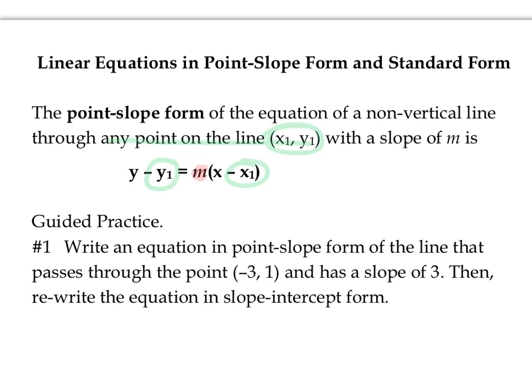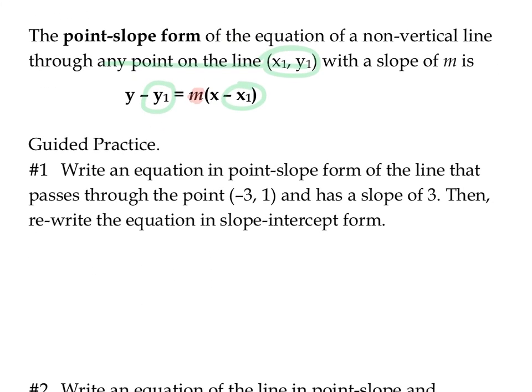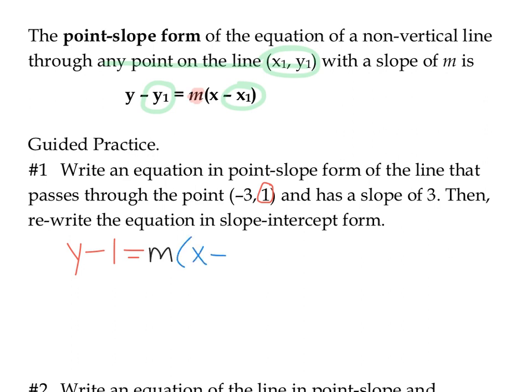So this first example, we're going to write an equation in point-slope form of the line that passes through the point negative 3, 1 and has a slope of 3. So if we want to write the equation of this line, we're going to have y minus our y1 value, which is the 1 here, y minus 1 equals, and then we'll have our slope m, and then x minus our x1 value here, which is negative 3.